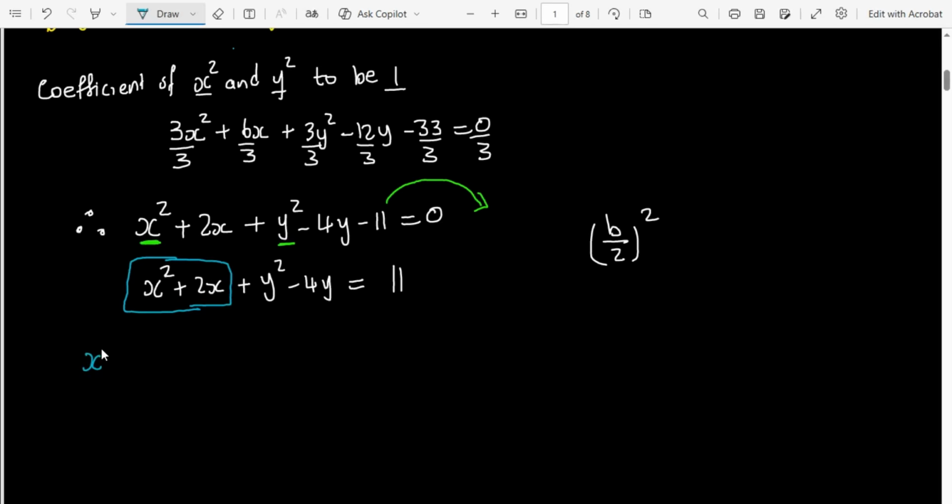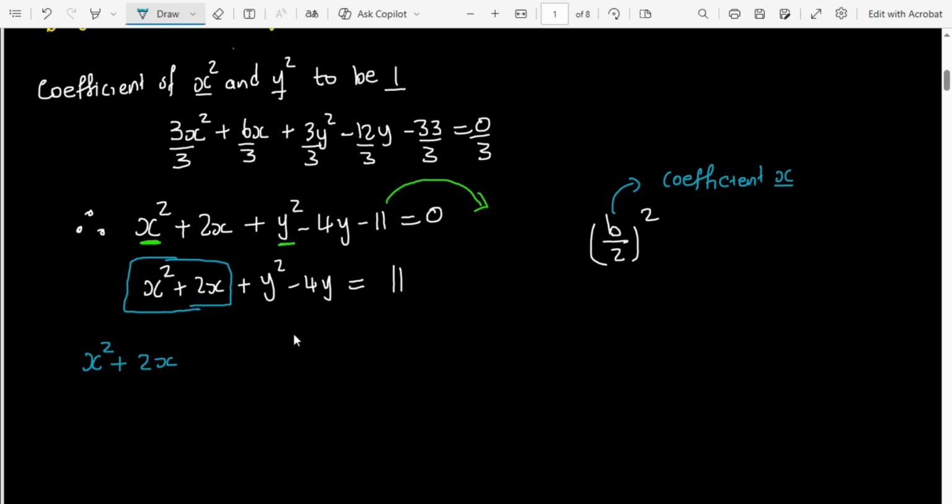What is b? b is the coefficient of x, the number in front of x, which is 2.